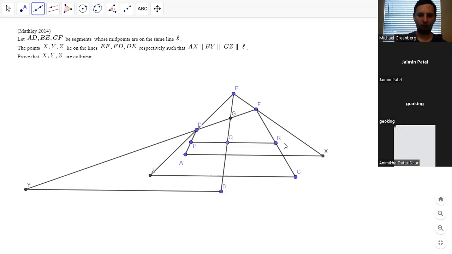So maybe if we have triangles ABC and XYZ, we could basically apply Desargues on that. So let's try that.